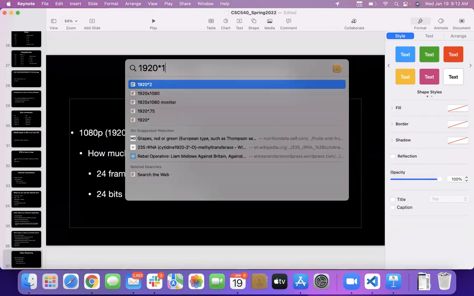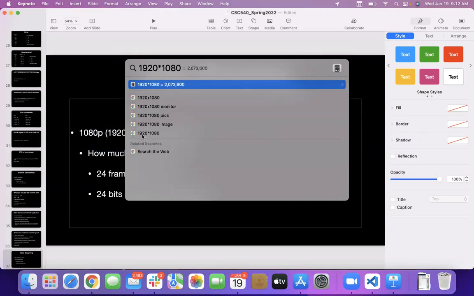So how many total pixels do we have? We have 1920 by 1080, so that's about 2 million total pixels.